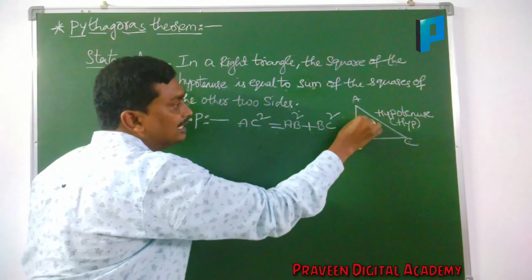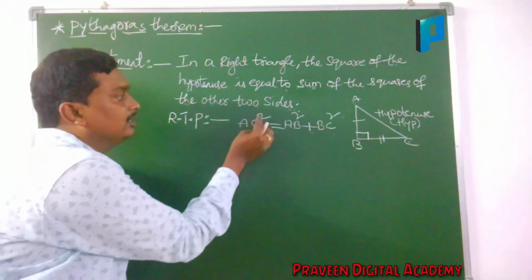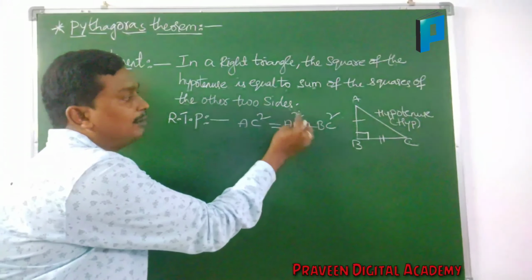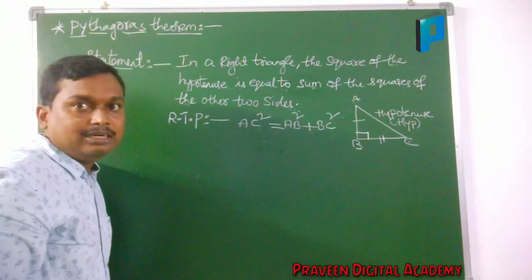What are the other two sides? AB square plus the other side BC square. This we have to prove here. AB is one side, BC is one side. The square of the hypotenuse is equal to the sum of the squares of the other two sides. We have to prove this.